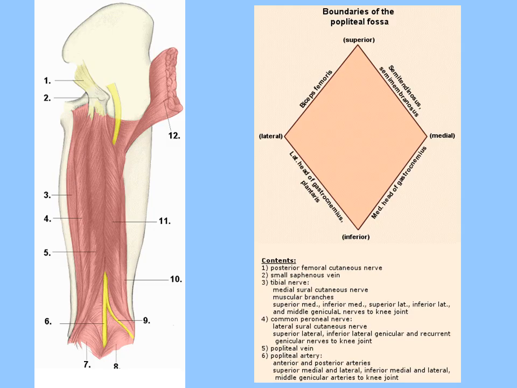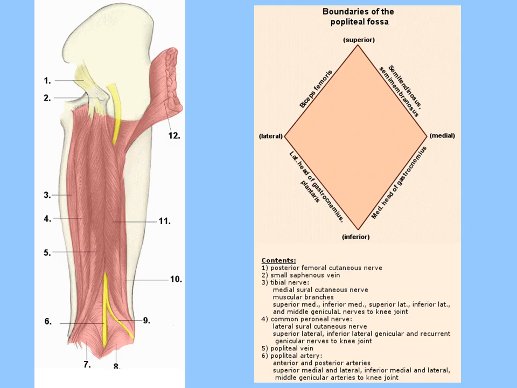The popliteal fossa is bordered inferiorly on the medial side by the medial head of the gastrocnemius and on the lateral side inferiorly by the lateral head of the gastrocnemius and the plantaris.